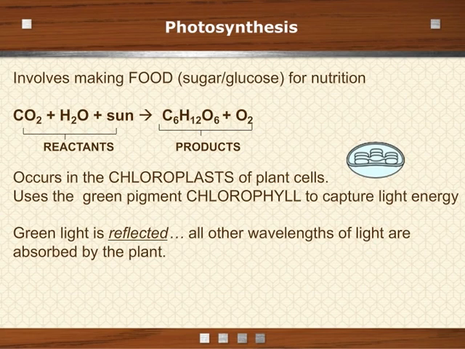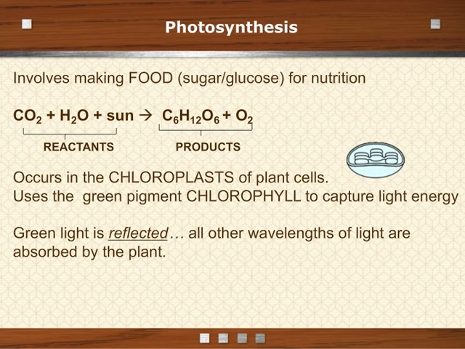Now looking up at the photosynthesis box, you need to start with a definition of photosynthesis. This definition is already partly written for you. You need to fill in the blank. Photosynthesis involves making food, also called sugar or glucose, for nutrition. The equation for photosynthesis is also written out for you.